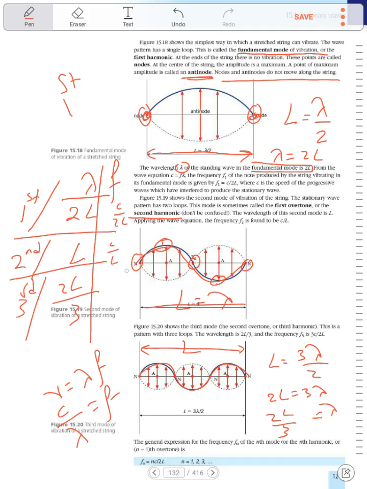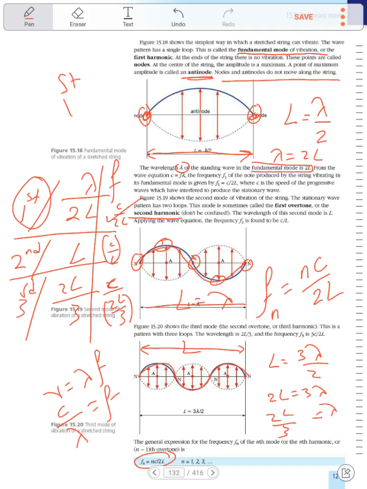For the second, c over L. For the third, c over 2L over 3. Or we can write the relation frequency equals nc over 2L. For the first harmonic, it is c over 2L; for the second harmonic, 2c over 2L, which is c over L; for the third harmonic, 3c over 2L.